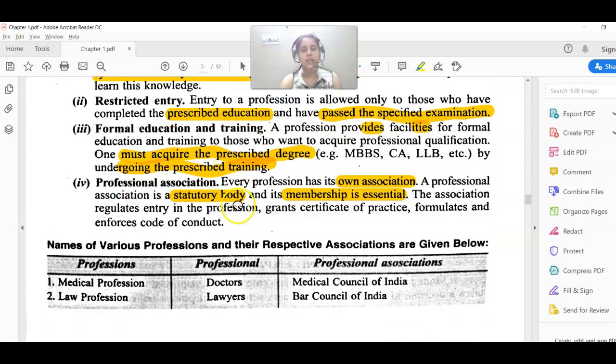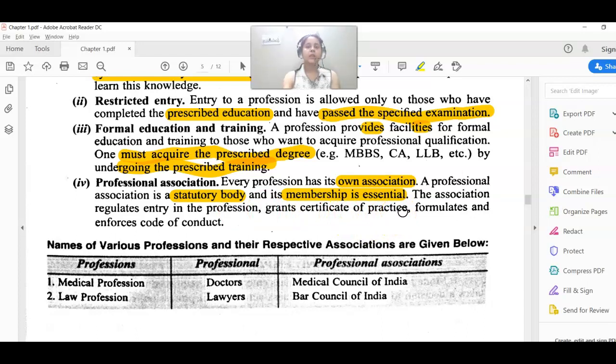Professional association. Every profession has its own association. A professional association is a statutory body, that institute which I mentioned, and its membership is essential. That means there has to be a statutory body and you have to be a member of it. The association regulates entry: this body regulates the entry into the profession, grants certificate of practice, and formulates and enforces the code of conduct.